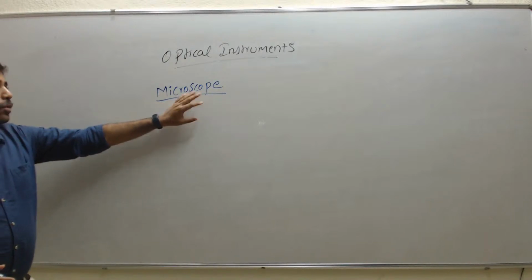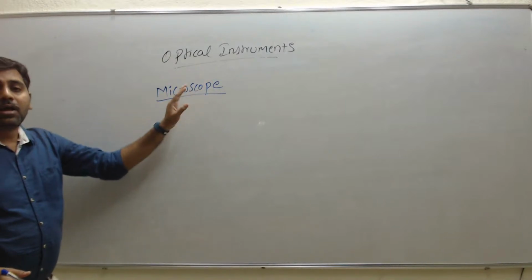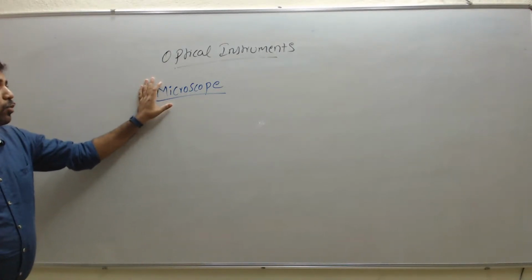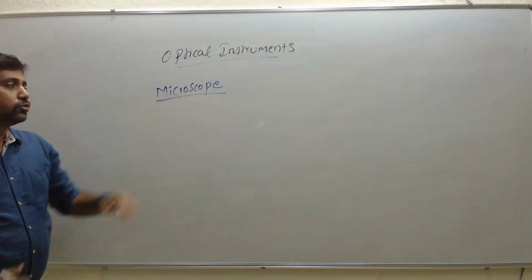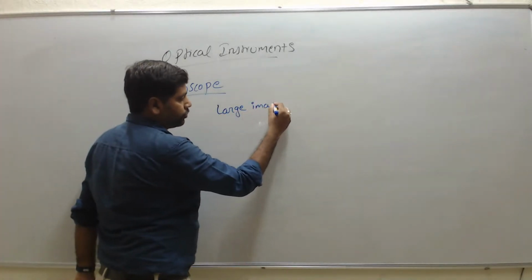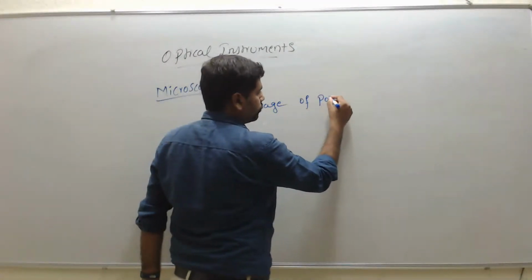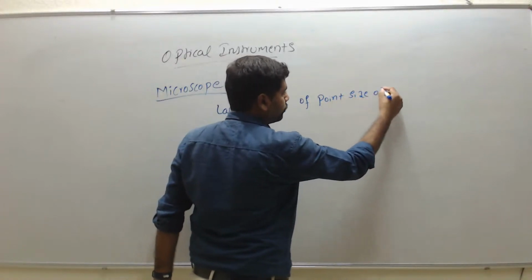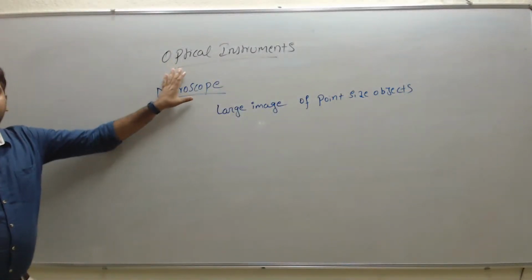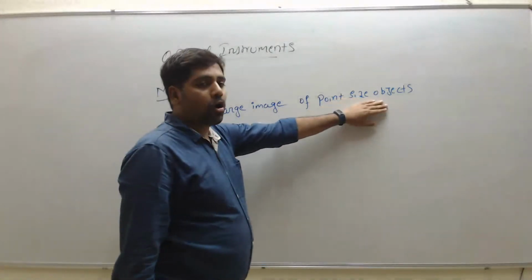So what is a microscope? A microscope is the optical instrument which is used to see the larger image of point size objects.